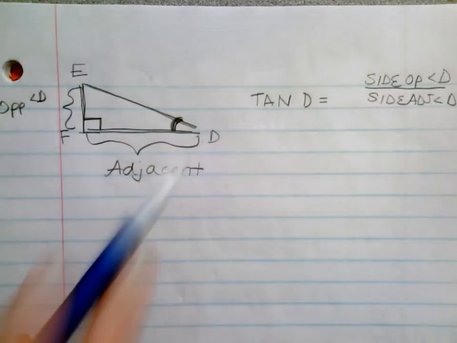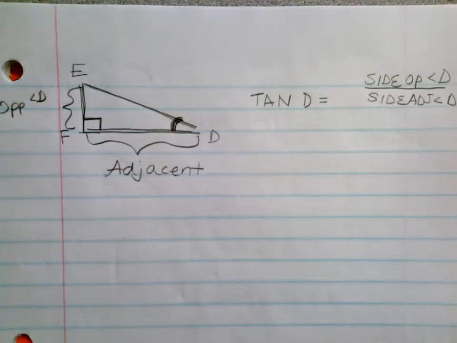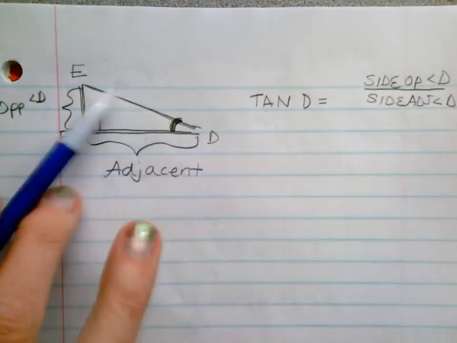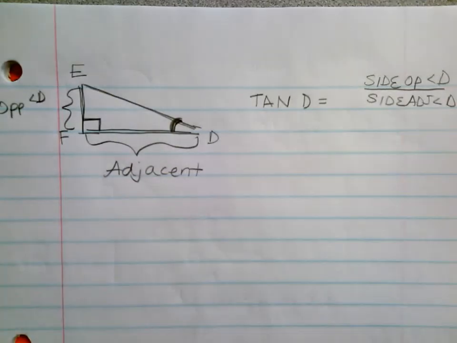You might say, well, wait, the hypotenuse is adjacent as well. Adjacent means attached to. Okay, so technically, this side is also adjacent, but since they specified side, you do not give them the hypotenuse. Hypotenuses will be used later in life when we do cosines and sines, but right now we're just doing tangents.